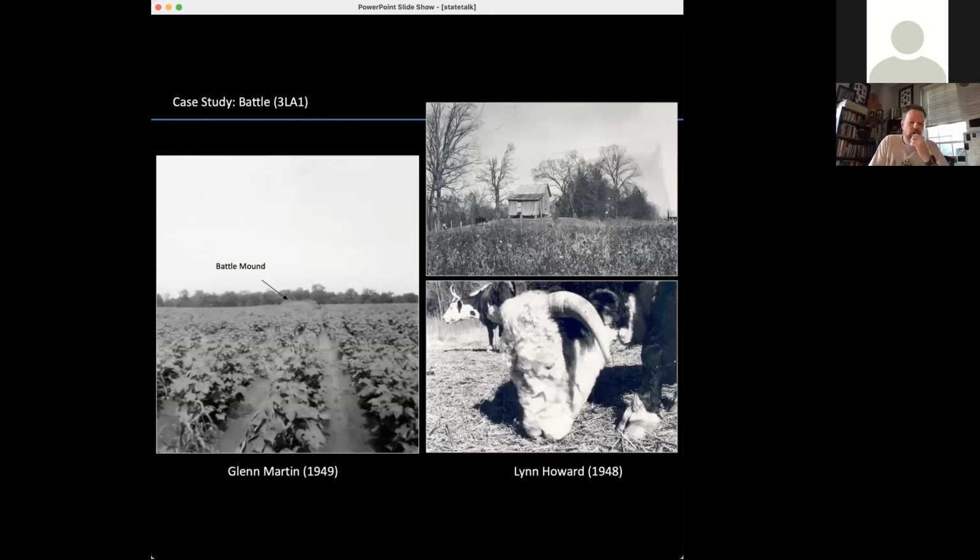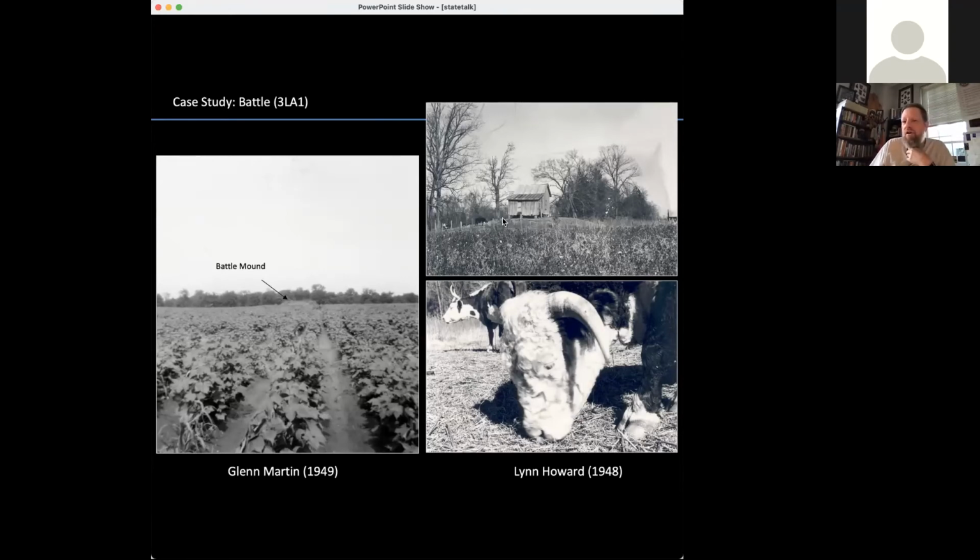So much like Bowman, there are historical images that document landscape use in the late 1940s to the early 1950s, focused on cotton farming and cattle pasture. So you can clearly see, in 1949, Glenn Martin, another collector, these massive cotton furrows, with Battle Mound off there in the distance. And the image on the top right shows the cotton going right up to the edge of the mound in a fencing area.